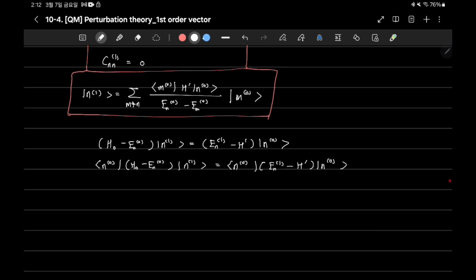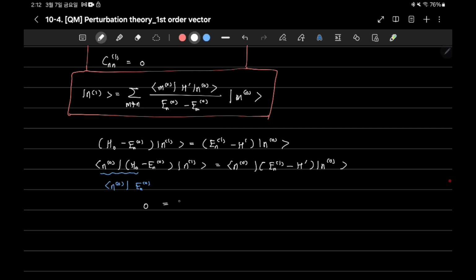Then because of this, when we apply this one, it is N0 and En0 from the eigenvalue equation, so then it is orthogonality, and the left hand side is 0.